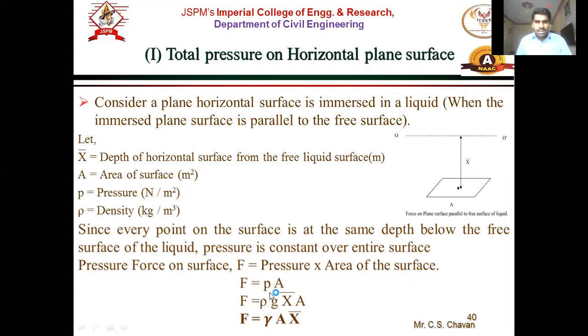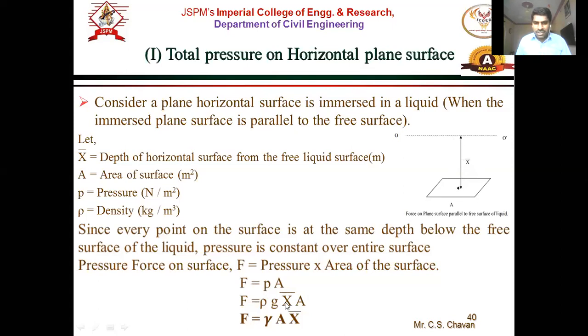Then F is equal to, so P, what we have got from the hydrostatic law, that pressure is given by rho g h, right? Rho g h. Now here what is h? H is nothing but whatever the head is available. Now here the head or the depth of fluid over this entire surface is x bar, right?